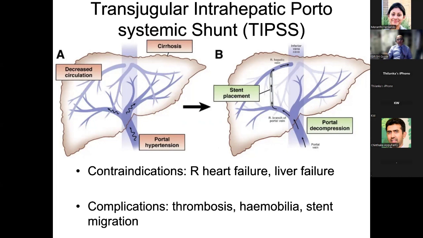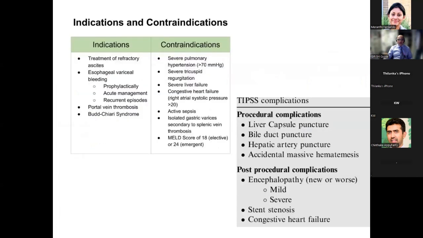There are some contraindications, and this is quite a challenging procedure in children, especially because the portal vein is small, the hepatic vein is small, and the liver can be very hard. So it is not for just anybody to do. You need serious air miles to do this, and a lot of experience with these procedures in pediatrics.